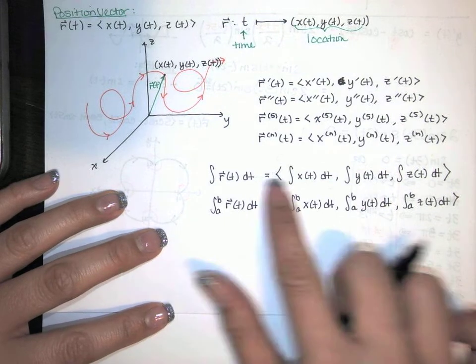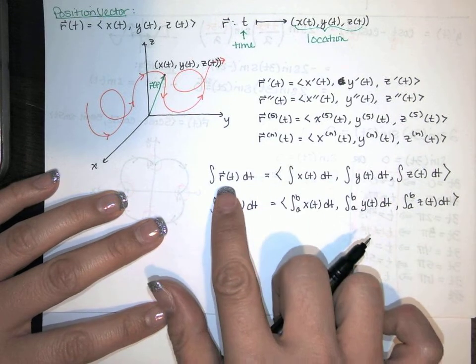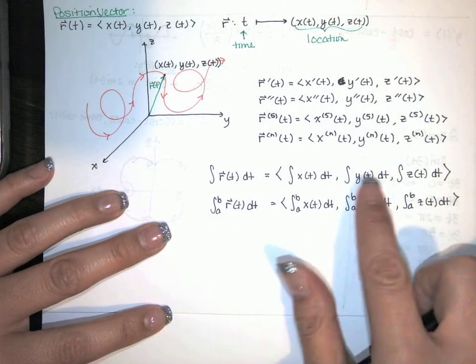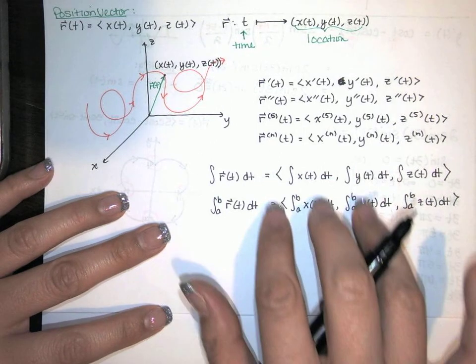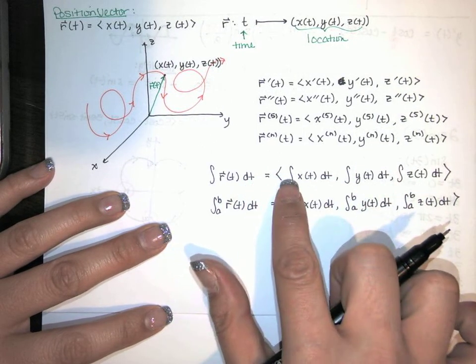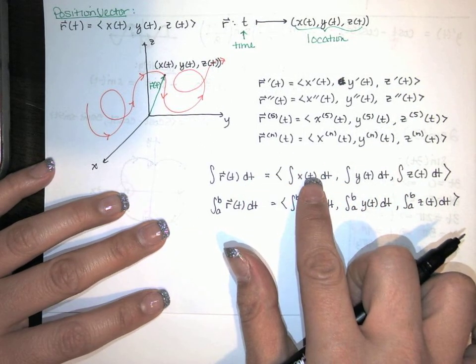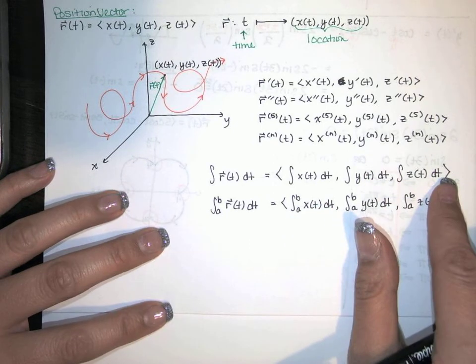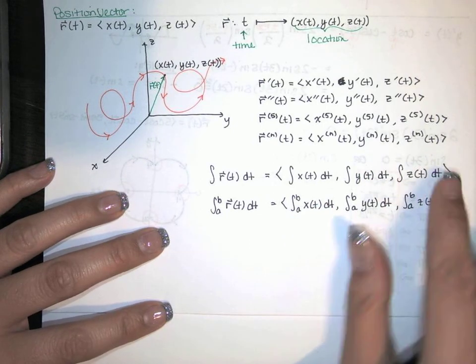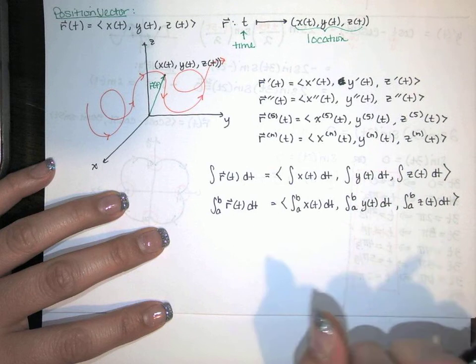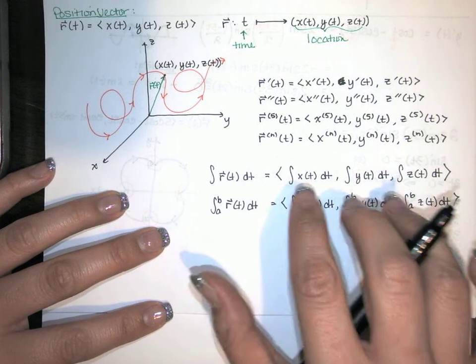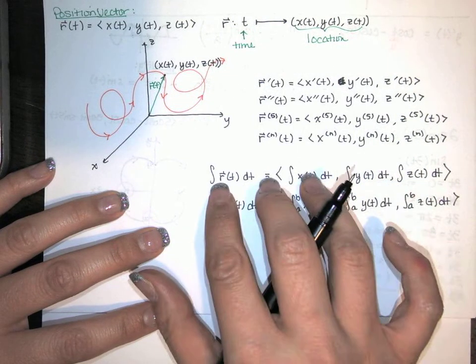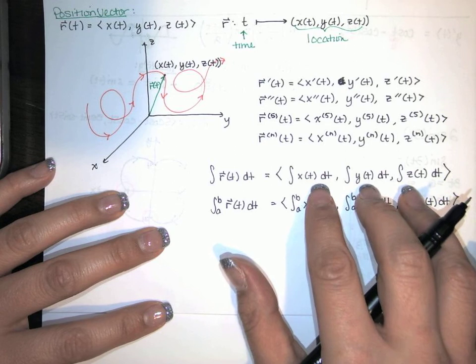Now this one is a little different. We're still doing the same thing. We're anti-differentiating component by component, but we don't have any bounds here. So you're going to have a constant of integration for this one, and a constant of integration for this one, and a constant of integration for this one. So I usually call those C1, C2, and C3. But this is going to produce another vector-valued function.